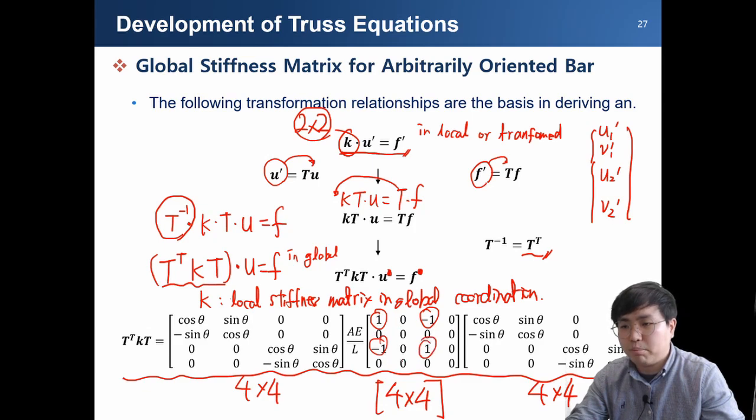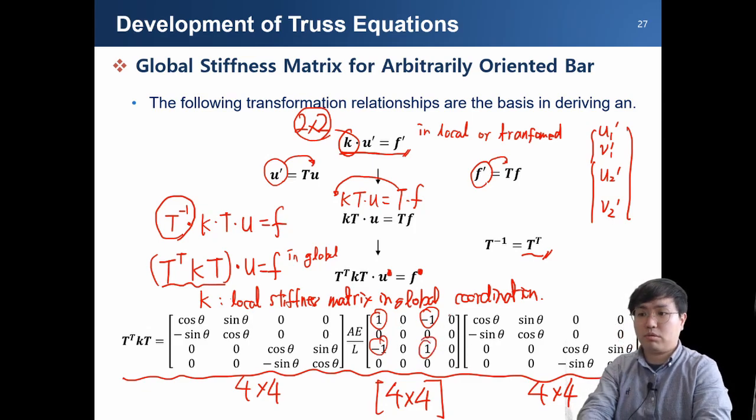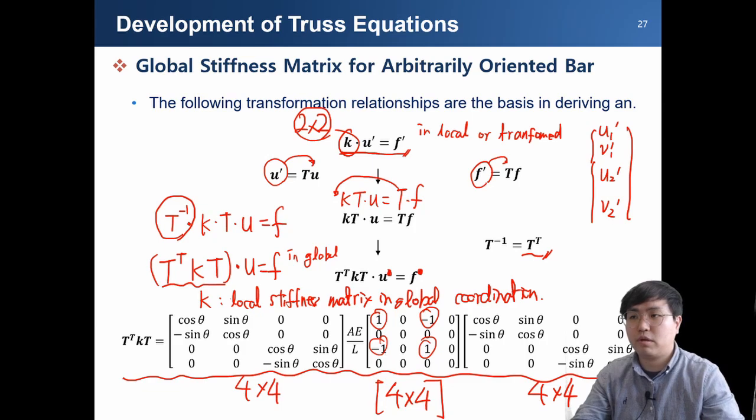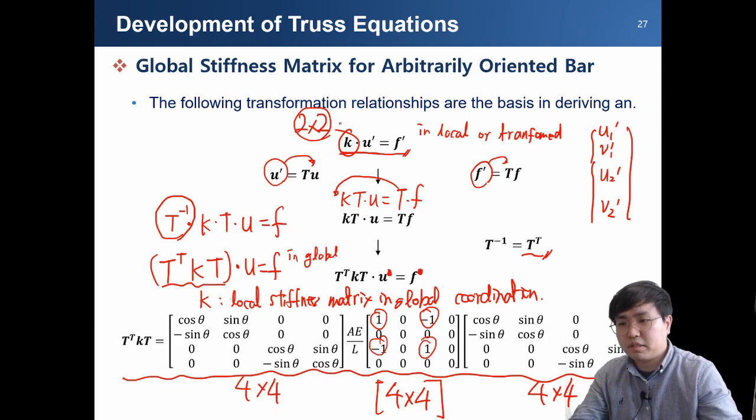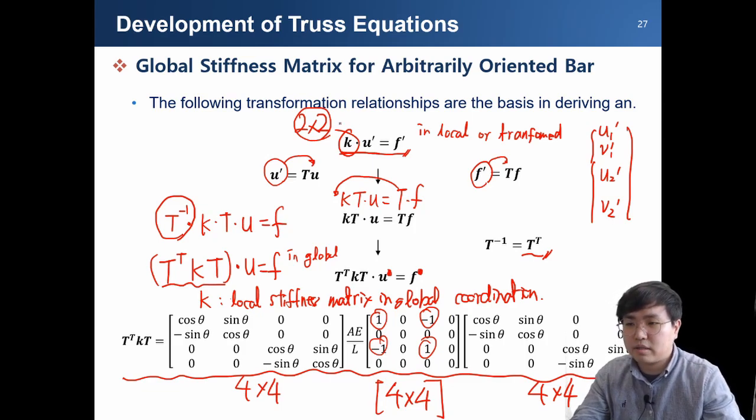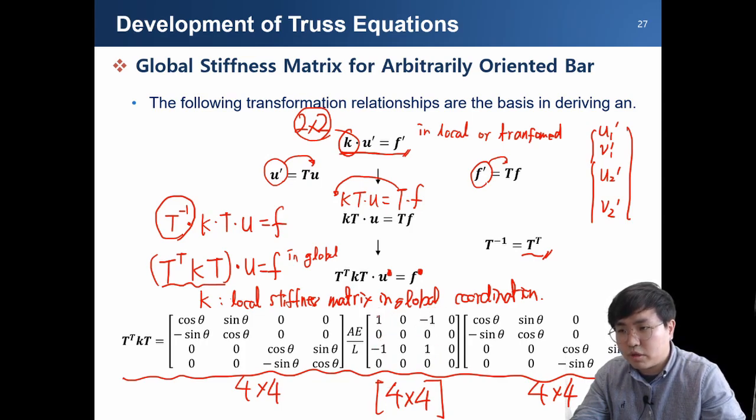However, the remaining part is equal to 0. This is the same form as our local stiffness matrix for only the x-axis, so this is an expanded matrix form. Sometimes we can say this is for the x-axis, v1, the second node x, and this is the y-axis, v2.